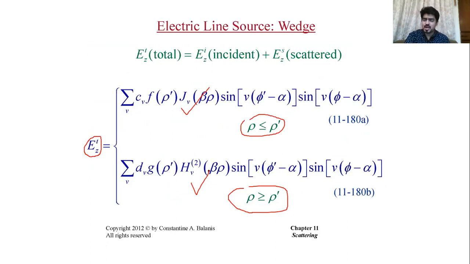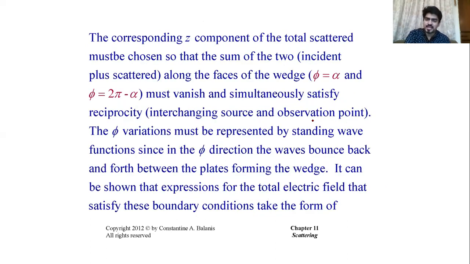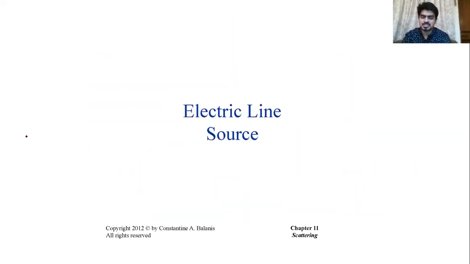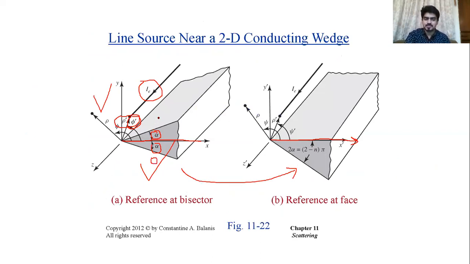How do we come up with this additional function? Because we know that at phi equals alpha and phi equals 2 pi minus alpha, for these two angles, that is nothing but a tangential surface to this. This is the first surface and this is the other surface.